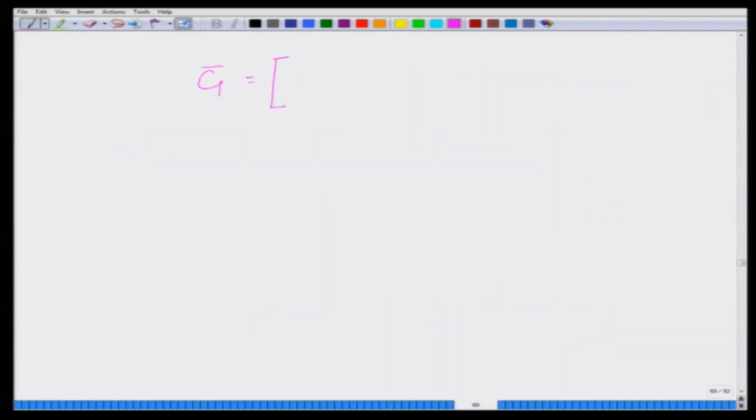Now, let us look at C1 bar and C2 bar. C1 bar equals 2+j, 1+2j. C2 bar equals 1-2j, -(2+j), that is the second column of the matrix.